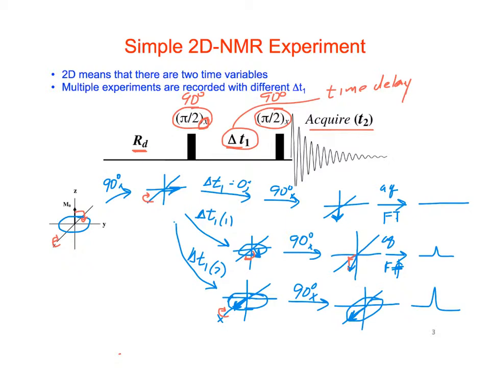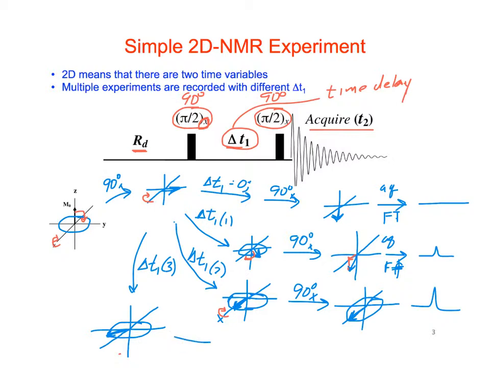Okay, if we do one more of these, let's just do one. T1, the third time. And so this time we're going to let it go over to here somewhere. So it's gone past the plus x.